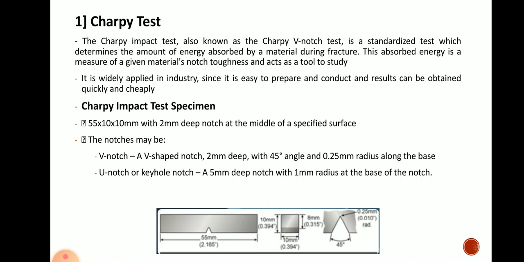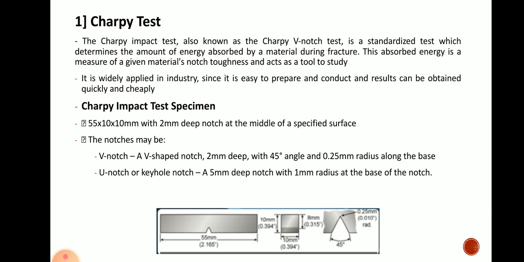The Charpy impact test is also known as the Charpy V-notch test. It is a standardized test which determines the amount of energy absorbed by the material during the fracture, and this amount of energy absorbed during the fracture is nothing but the toughness.